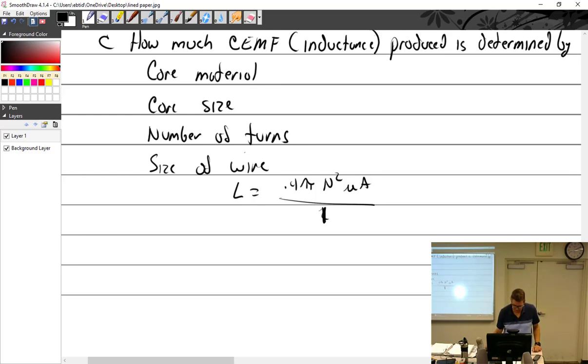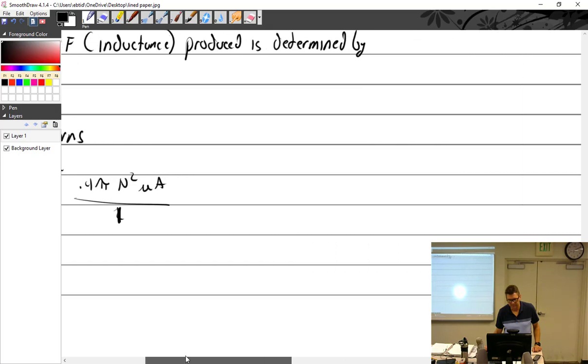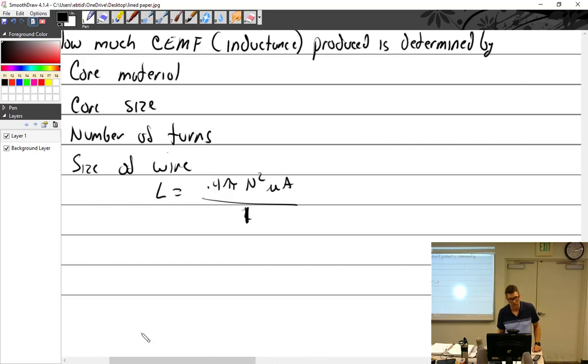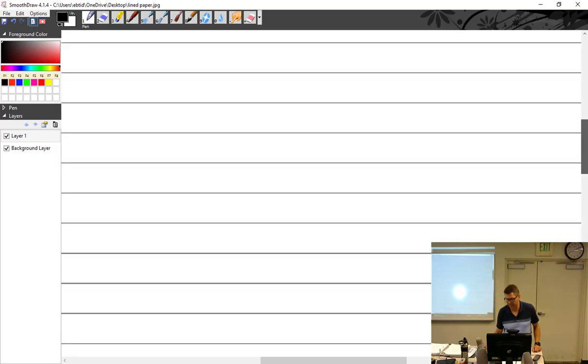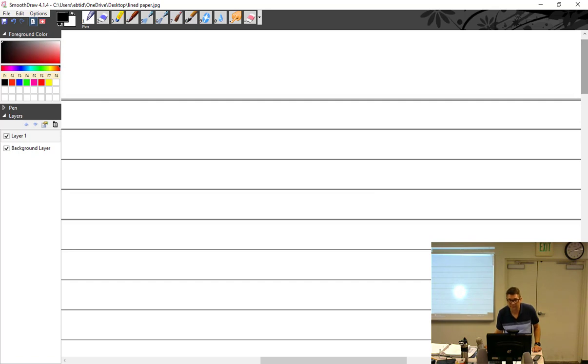Inductance, spelled with an I, shown with an L, is measured in not amps, not ohms. Ohms is very close.